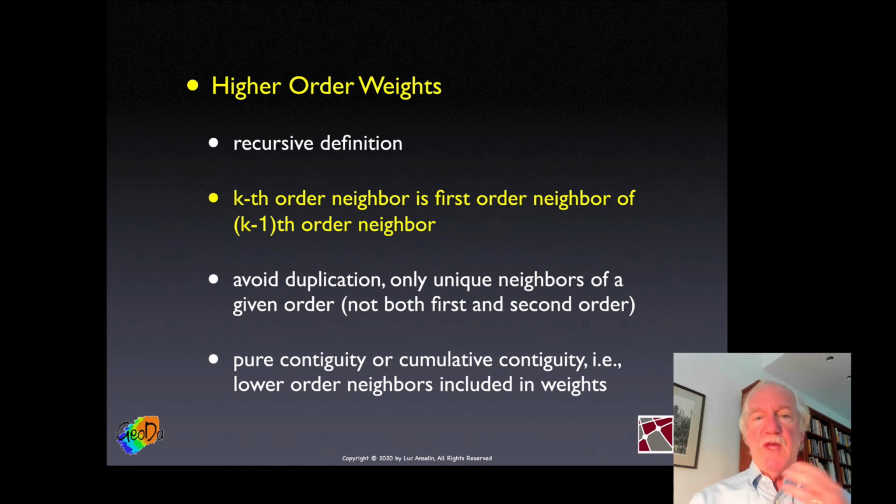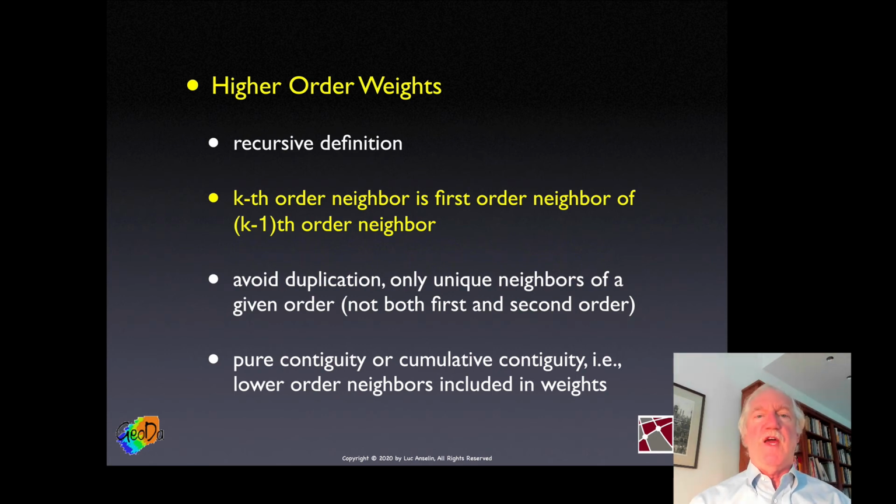So we need to keep that in mind when creating higher order weights matrices. So we have both this pure notion, as I said, when we really care about it, pure notion of higher order contiguity. And then we have also what I call a cumulative notion of higher order contiguity, where we actually include all the lower order neighbors as well.